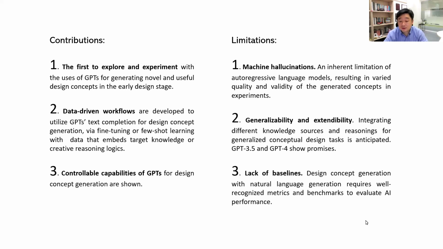We don't have such well-recognized metrics and benchmarks in the community. So in this experiment, we developed our own metrics, baselines, and benchmarks to evaluate the concepts generated by different AI models. Hopefully in the future, some research teams, through collaboration, can develop golden standard baselines for evaluating AI-generated design concepts.